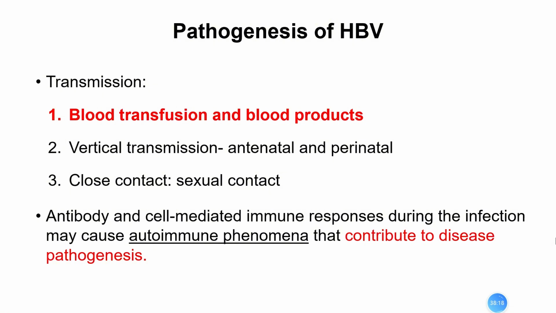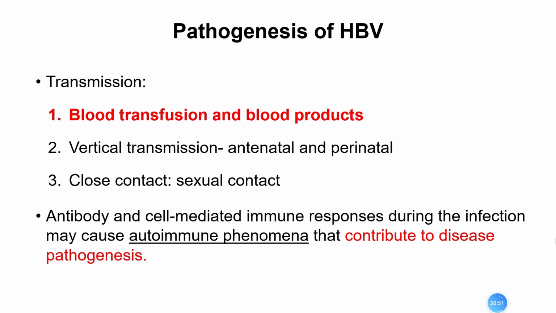The third one is close contact. Here, close contact means sexual contact. That's another way of HBV transmission. In China, there is a special culture and condition here. Because of the tradition of dining together in China, people share the food, share the dishes, and in China there are a lot of HBV infections.